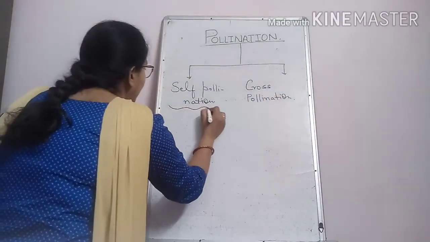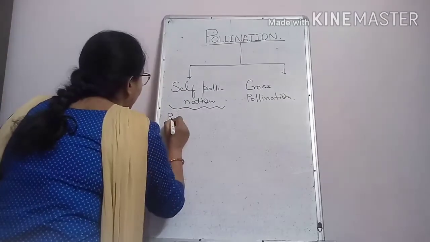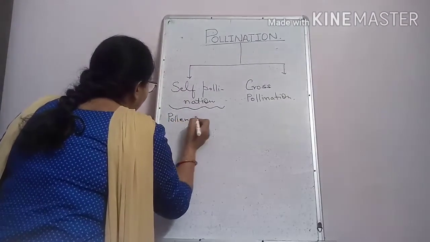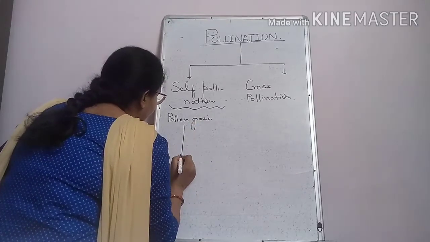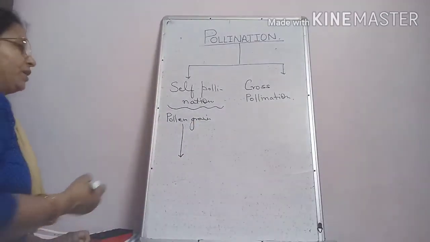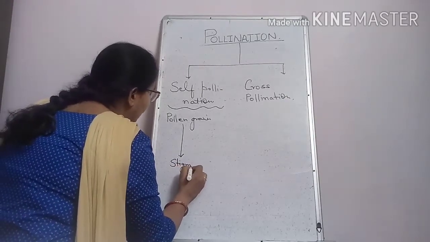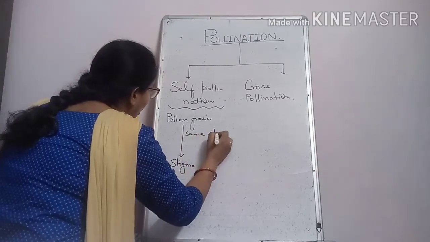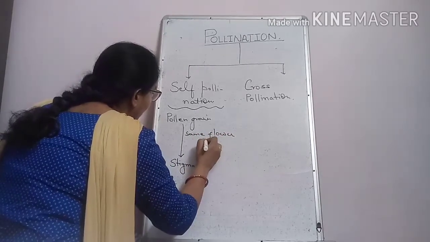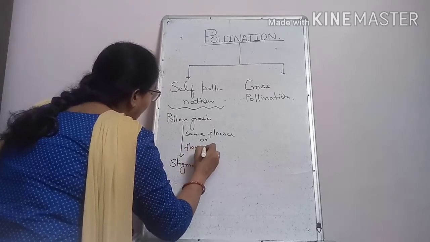Actually, in self-pollination, pollen grains are transferred from anther to stigma of either the same flower or a flower of the same plant.